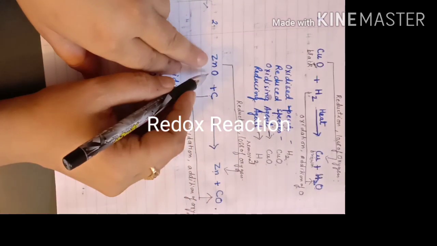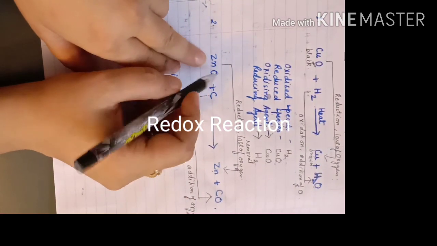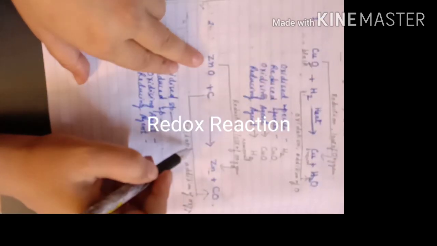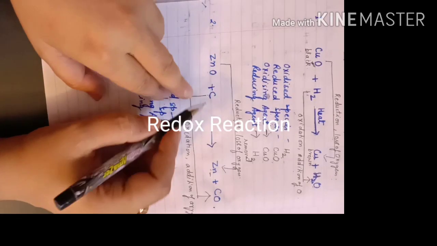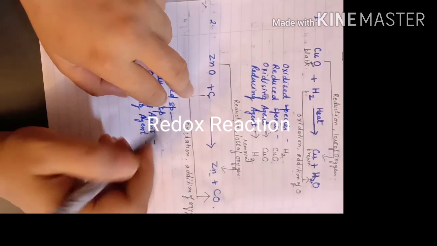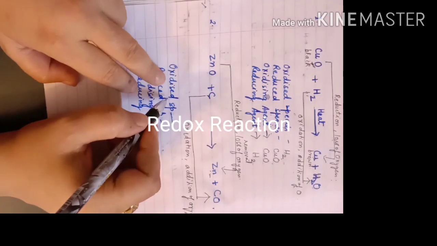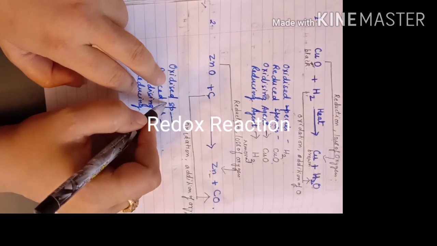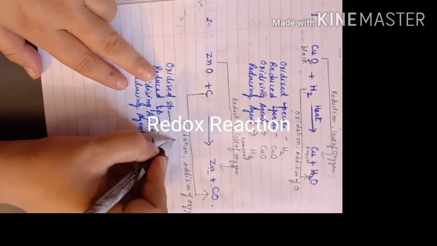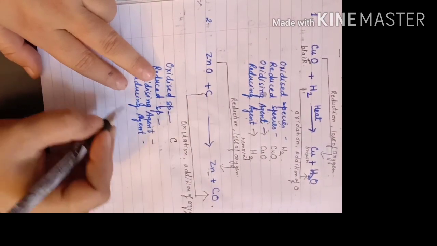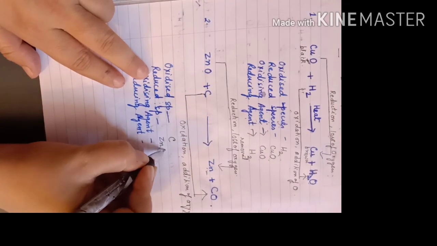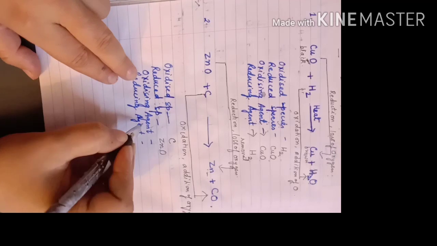Now in zinc oxide, we are finding loss of oxygen. No more oxygen on this side, so reduction. And carbon is being oxidized, so oxidation. So what will we write here? The oxidized species is carbon. The reduced species is zinc oxide.